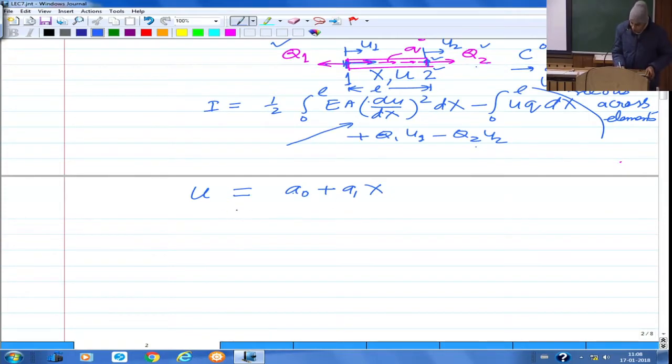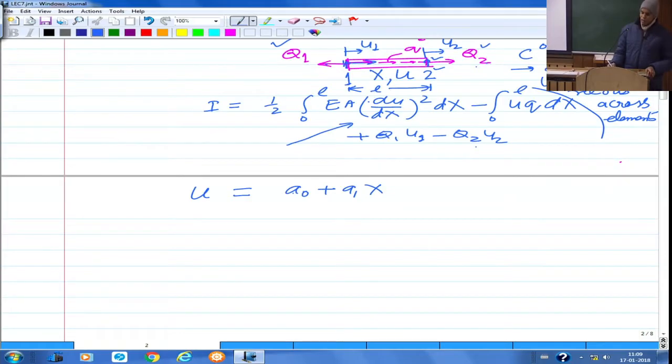Then the next step is, like in the case of approximate analytical solutions, where we were just trying to substitute this in the functional or the weak form or the strong form, and then trying to find these constants. Here what we do, because these element nodes are not lying on the boundaries, and subsequently we are going to enforce the continuity of u across the elements, it becomes easier to express these a0, a1 in terms of the variables u1 and u2.